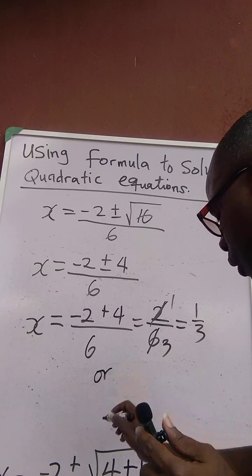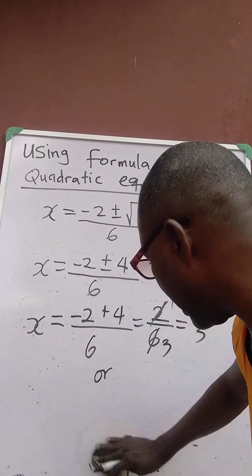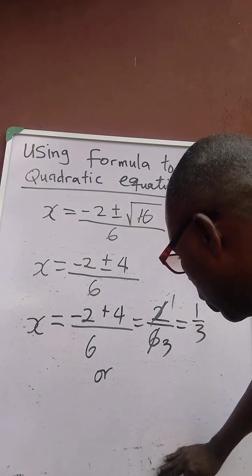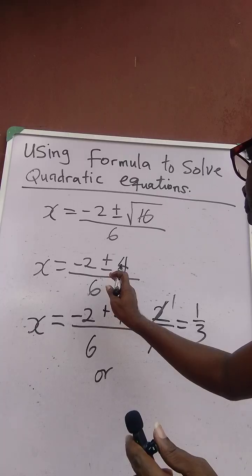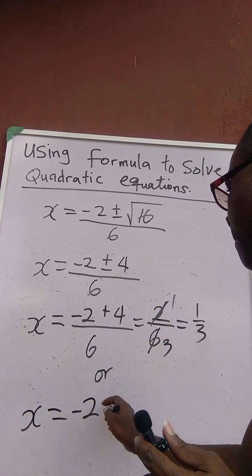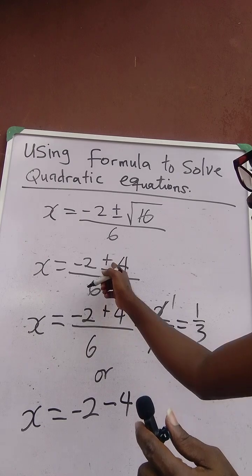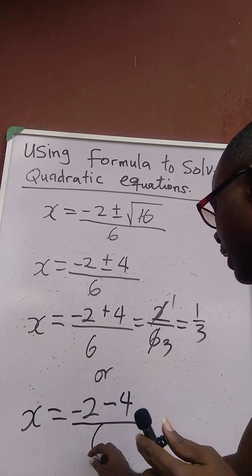Now the second value for x is similarly the same. We are going to go back to what we got here. So x will be minus 2 minus 4, you know, we used plus for the first one, so we are using minus for the next one, over 6.